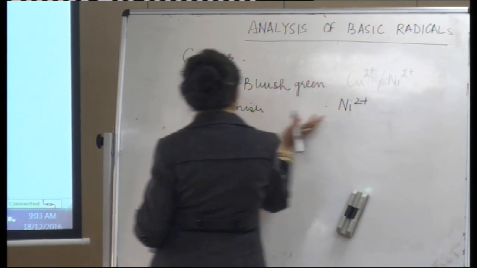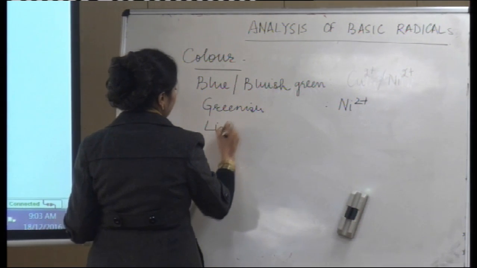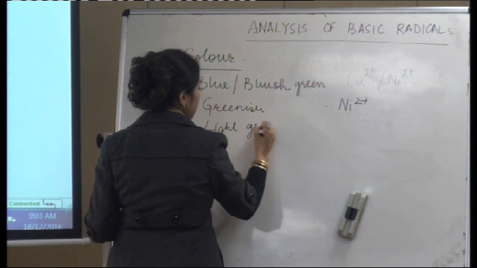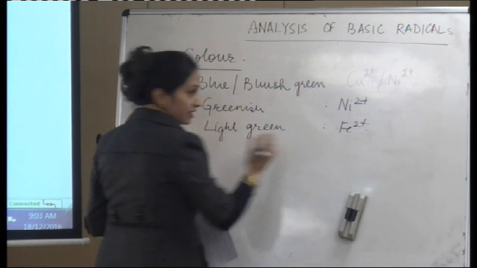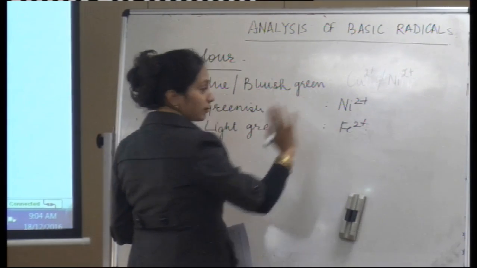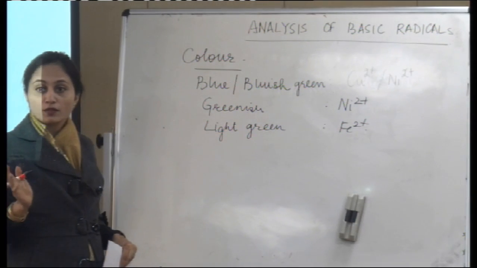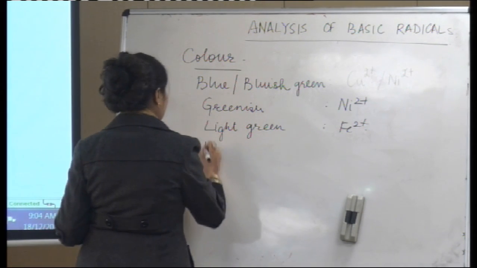This is the normal green. If it goes lighter than the normal one, then light green is for your Fe2 plus. So if you now get something in green, it may either be Fe2 plus or Ni2 plus.